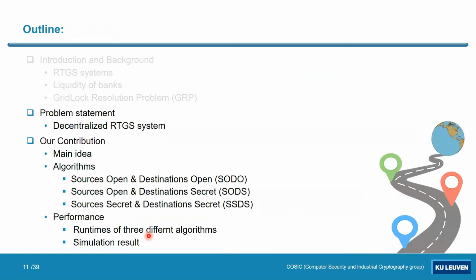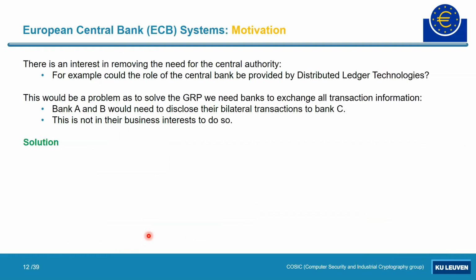Okay, we talked about our introductions, and now let's see what our motivation is behind this work. If you remember, we had a question in mind: can we remove the central party and do this role with some distributed ledger technologies?